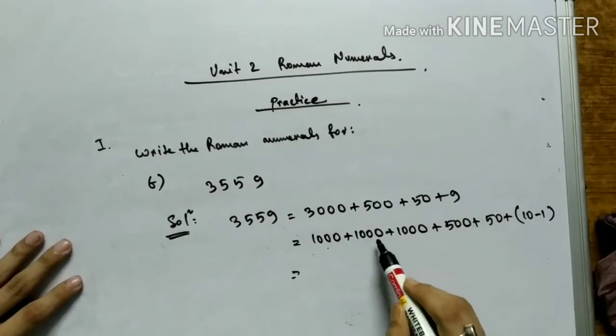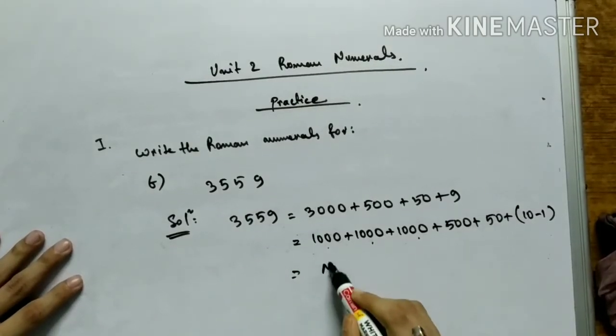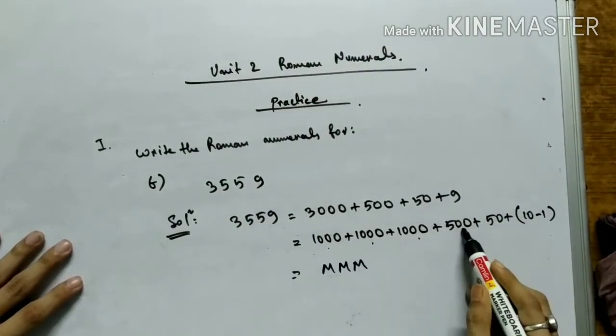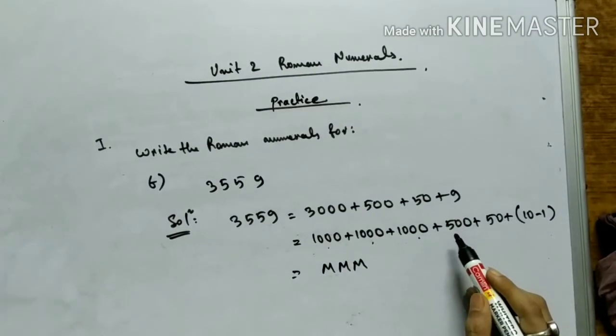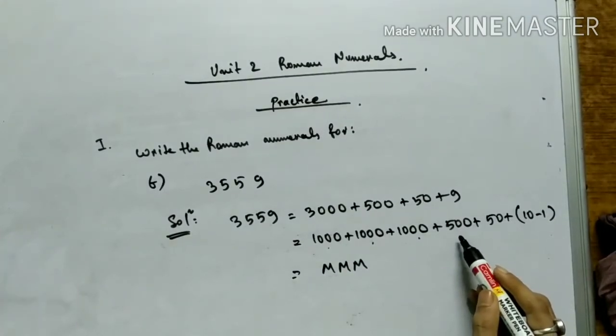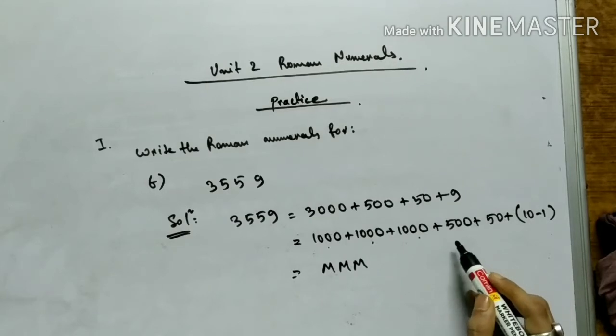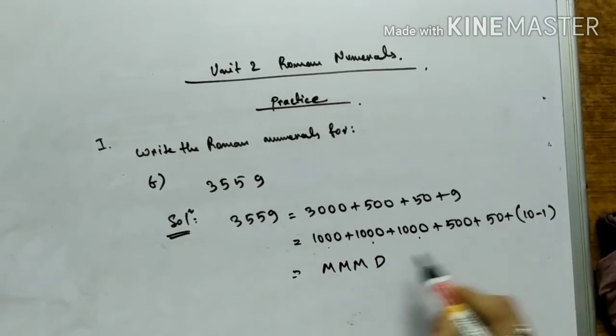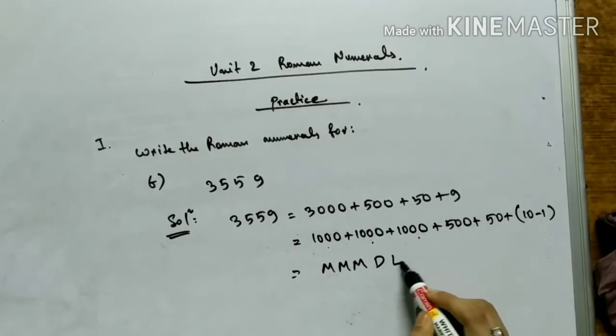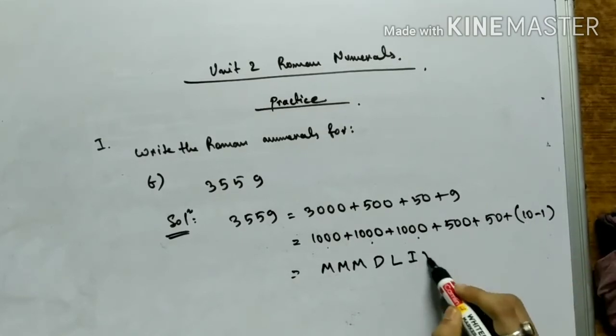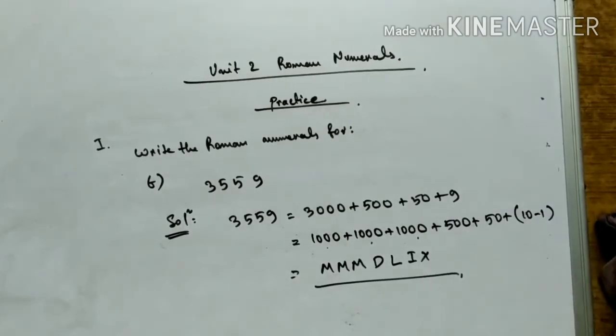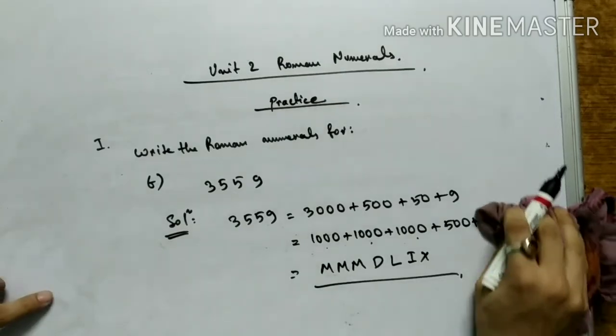So 1000, 1000, 1000 is MMM. We have a Roman symbol for 500, which is D, and for 50 we have L, and this will be IX. This is our answer.